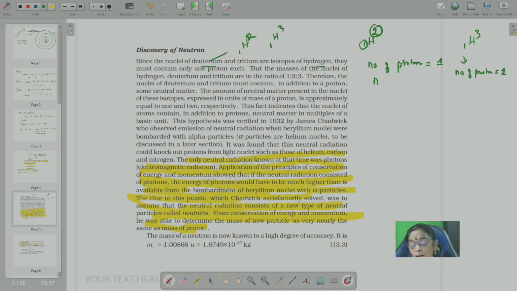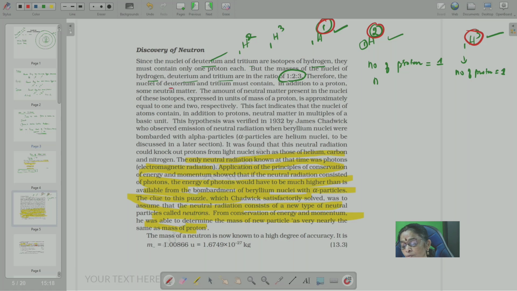But the masses of the nuclei of hydrogen, deuterium and tritium are in the ratio of 1:2:3. This is hydrogen, that is protium, deuterium, tritium. All have the same atomic number, but when you see the masses, the ratio is 1:2:3.